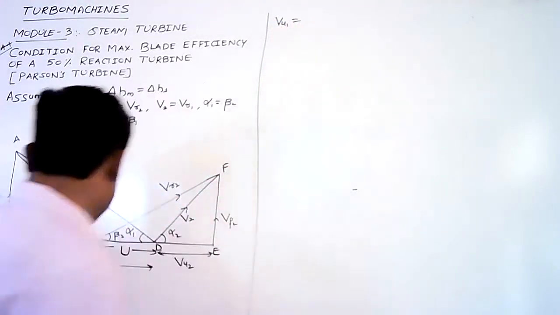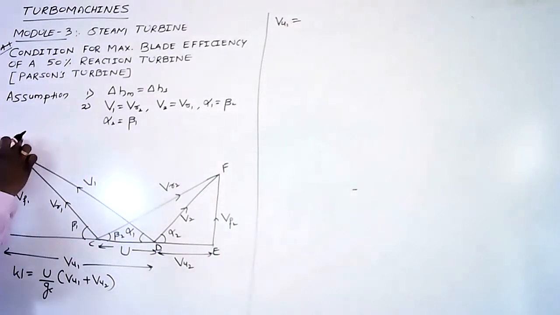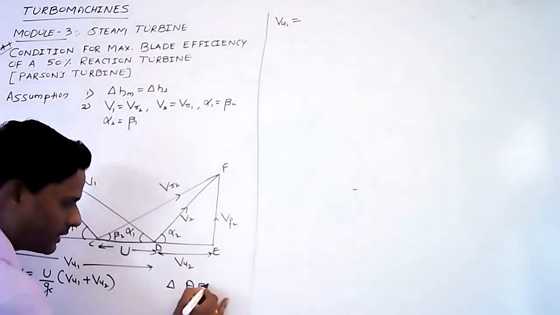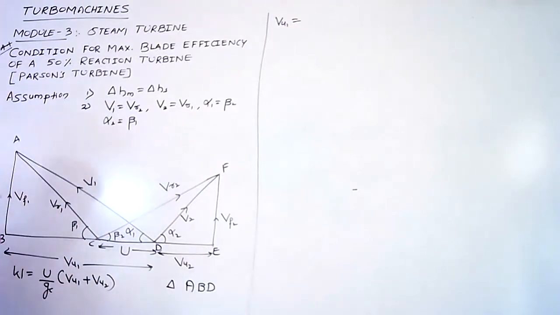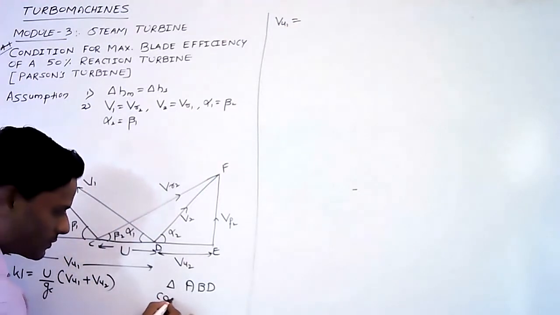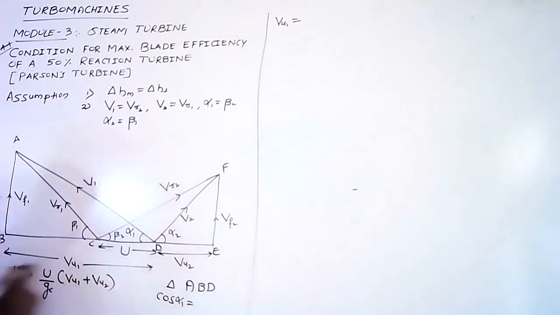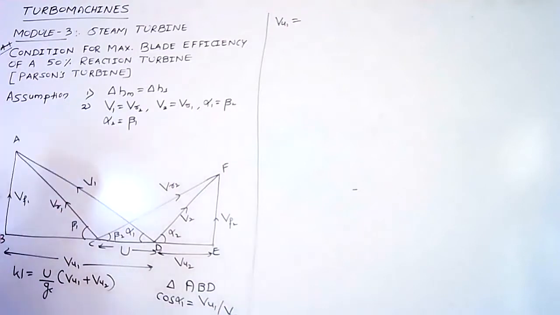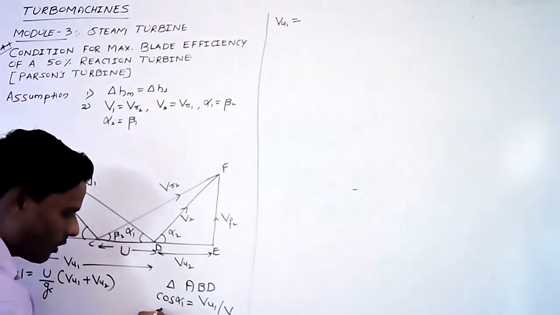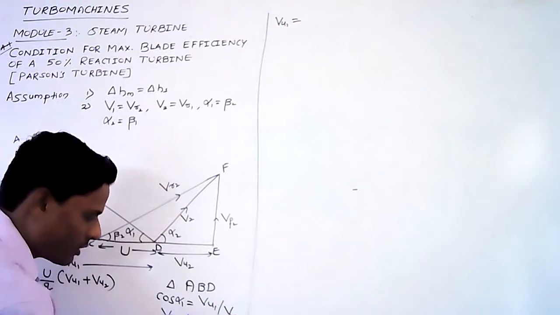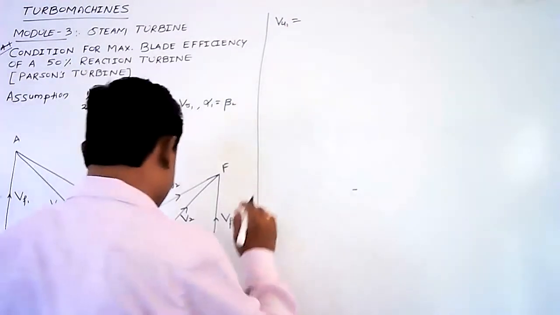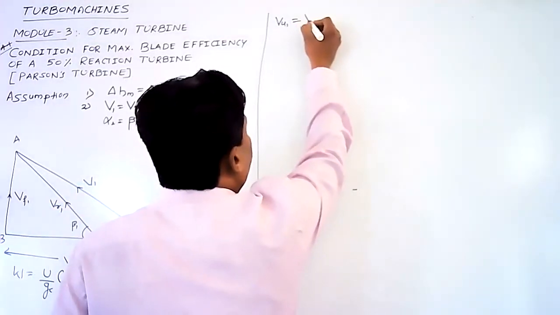Listen carefully. In the right angle triangle ABD, cos alpha 1 equals the base Vu1 divided by V1, the base divided by the hypotenuse. So Vu1 equals V1 cos alpha 1.